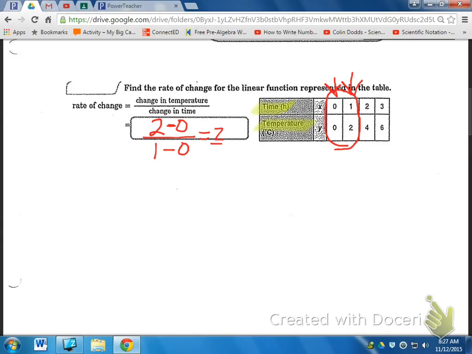So 2 over 1. So it would be 2 degrees Celsius per hour is how you would do that. That's the rate of change. It goes up 2 degrees Celsius per hour. Questions on that? Okay, let's see what's next here.